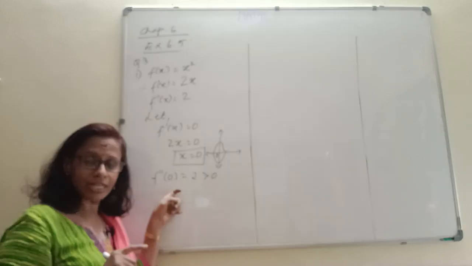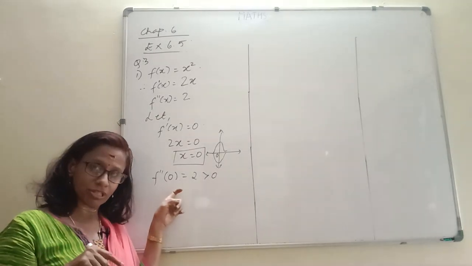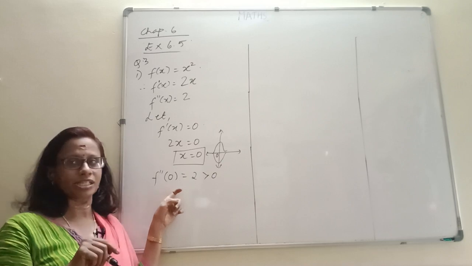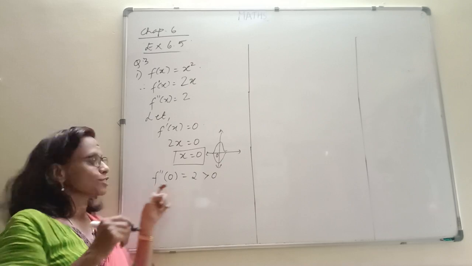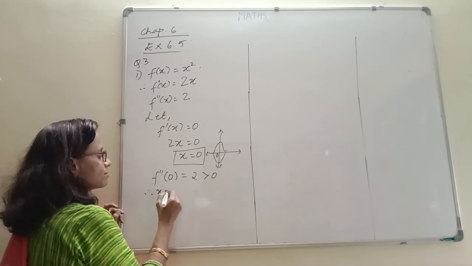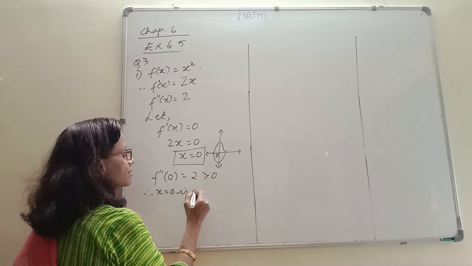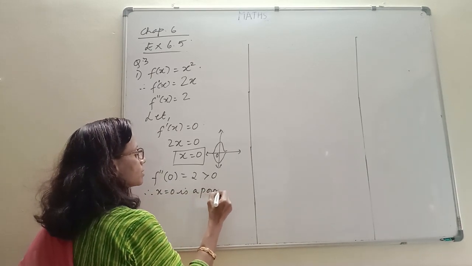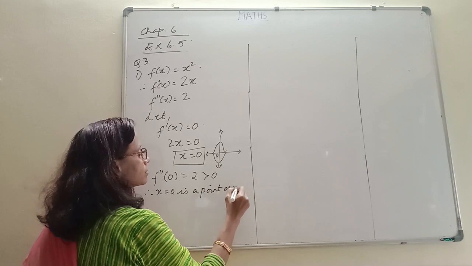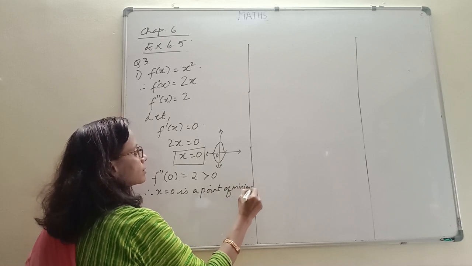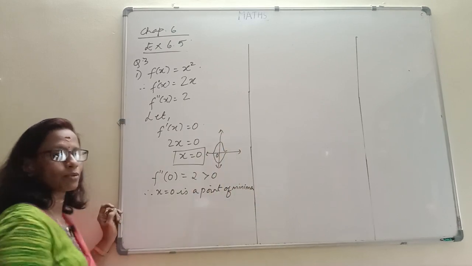If you get the second derivative as positive, then that is a minima point. That's how we conclude. So therefore x equal to 0 is a point of minima. That means you have it going down like that.